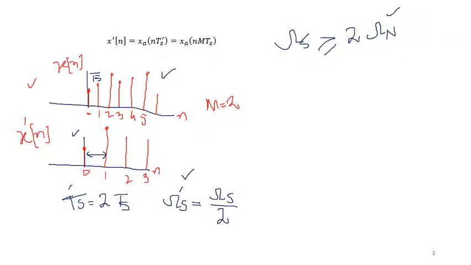If this condition is met, then we can reconstruct the signal, otherwise we cannot. In this case we have taken M equals 2, so the resulting signal x prime of n will have a sampling frequency which is half of the original signal's sampling frequency.